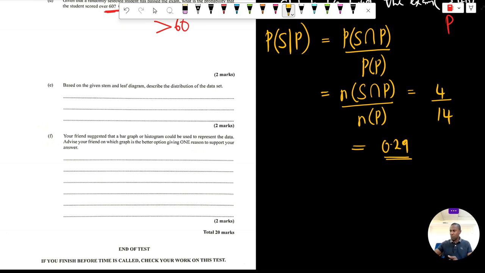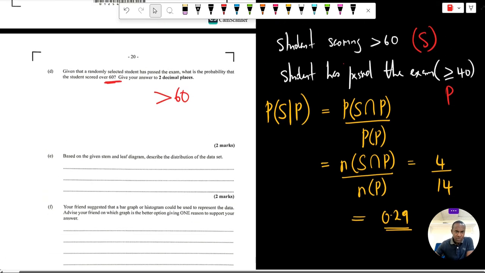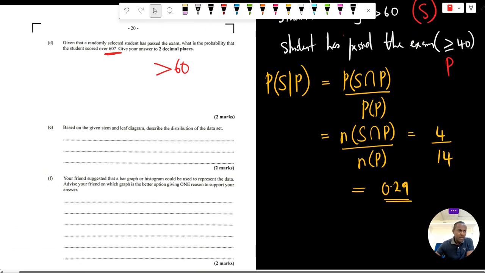All right. Now, the next part of the question basically wants us to describe, based on the given stem and leaf diagram, the distribution of the data set. Unlike the previous part of the question, which required a quantitative or numerical answer, this one doesn't.